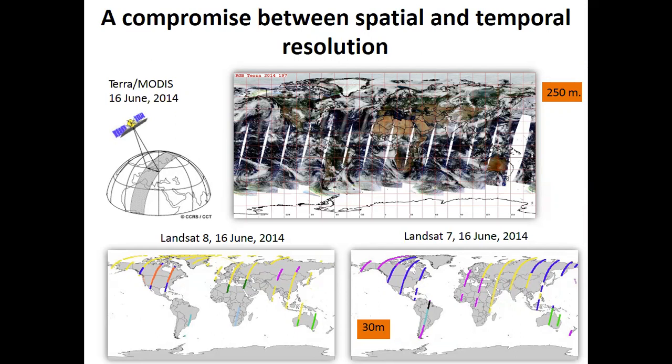And Terra MODIS and Landsat images are very good examples of this. Here we compared the coverage for one day, in June 2014. In the upper part, there is the coverage of a single day by the Terra satellite.